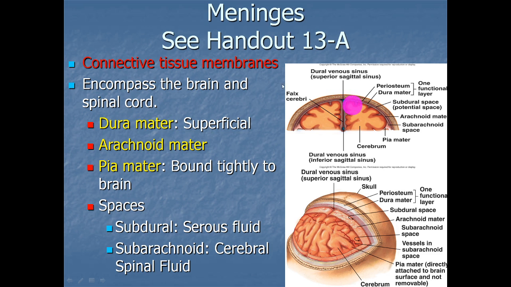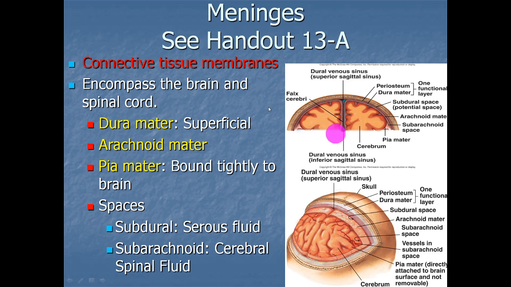This can be life-threatening because it can push on the brain and cut blood supply to the brain. But if you hit your head hard enough, these meninges can't help, and we can form other problems like that subdural hematoma. But here you can see the different layers.